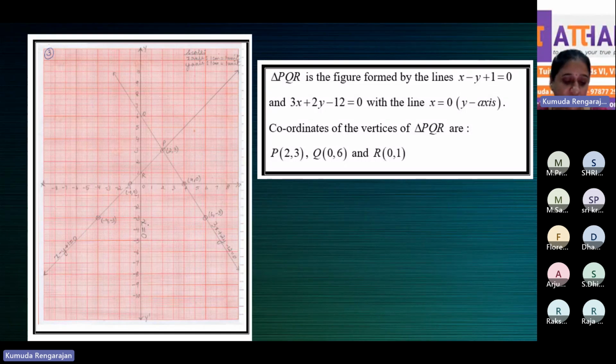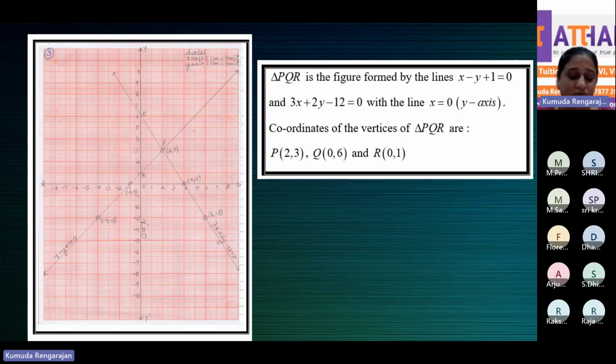So let me see one by one from Prajit. Prajit has got the graph correct. But your personality is reflected on the graph, Prajit. You're basically very quick at things, and that's seen in your work also.